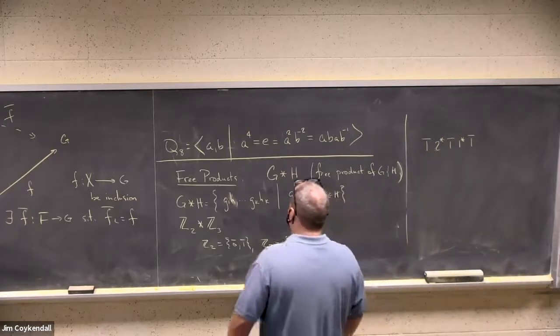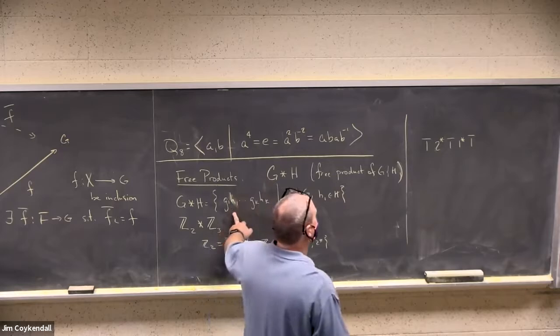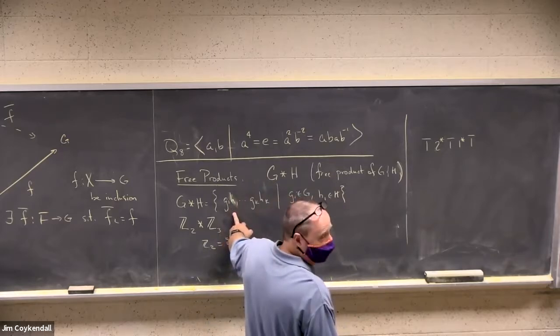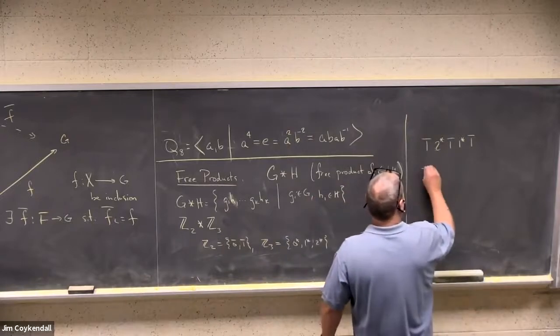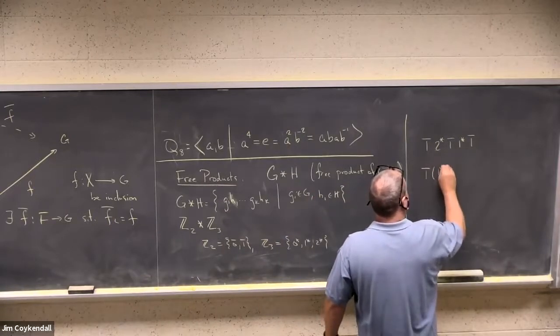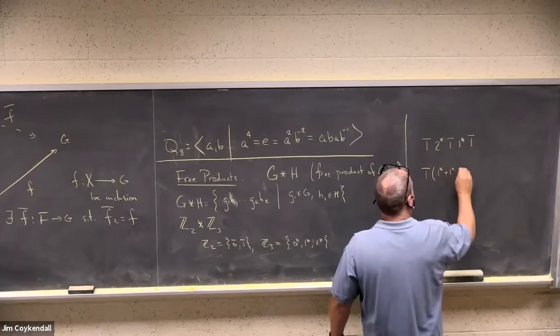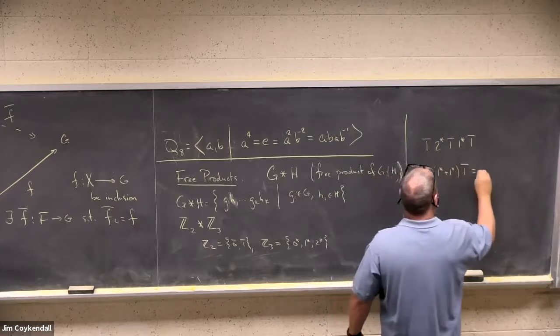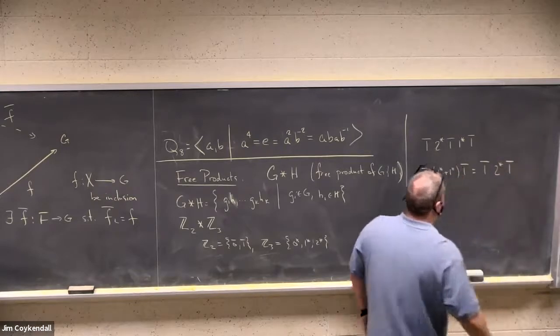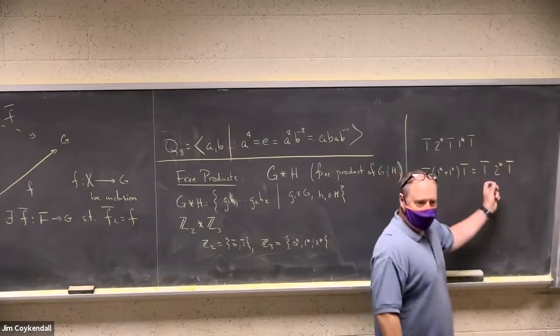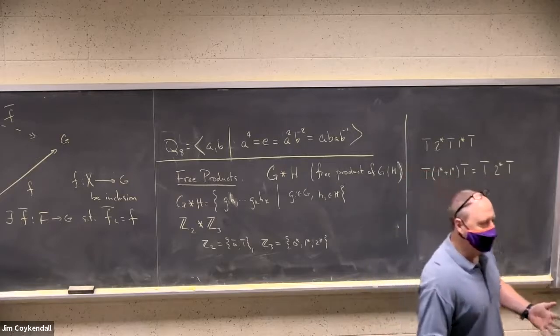Right. And I don't allow things to commute. So if I have 1 bar, 1 star, 1 star, this is 1 bar, but I can't turn these elements around. That's what is meant by the free product.